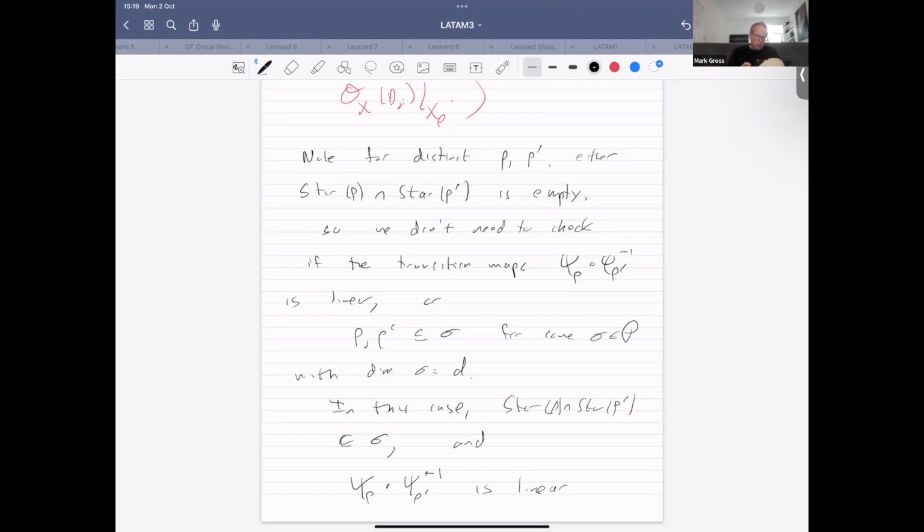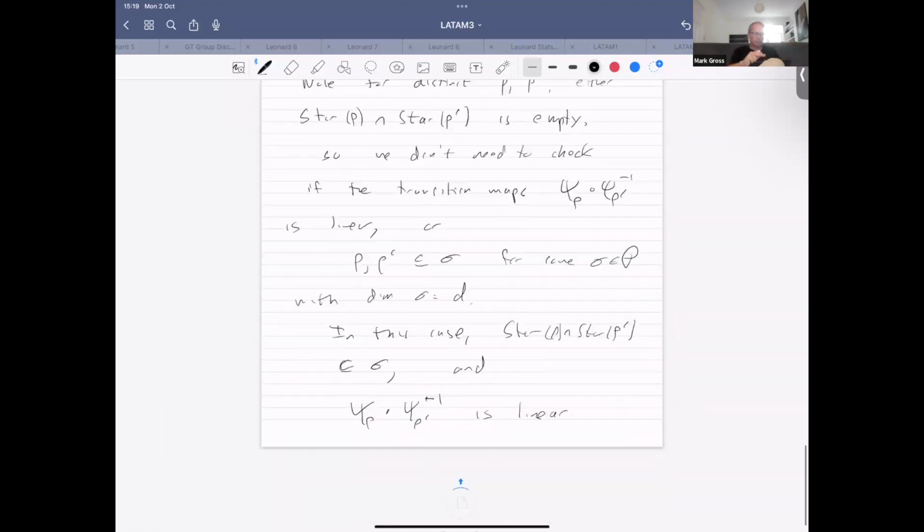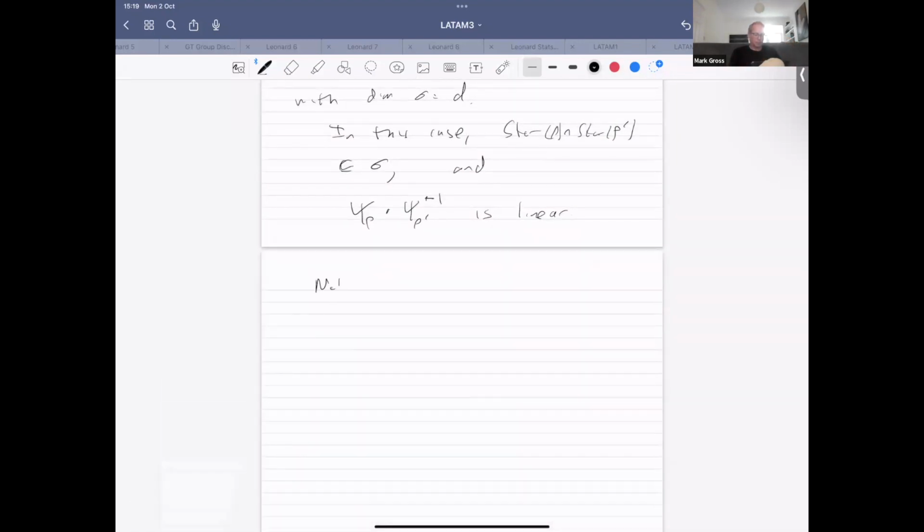It's actually a linear manifold. The transition maps are actually linear, i.e., transition maps are linear.